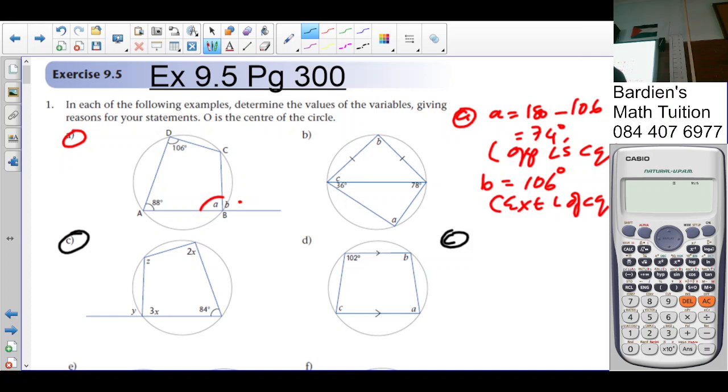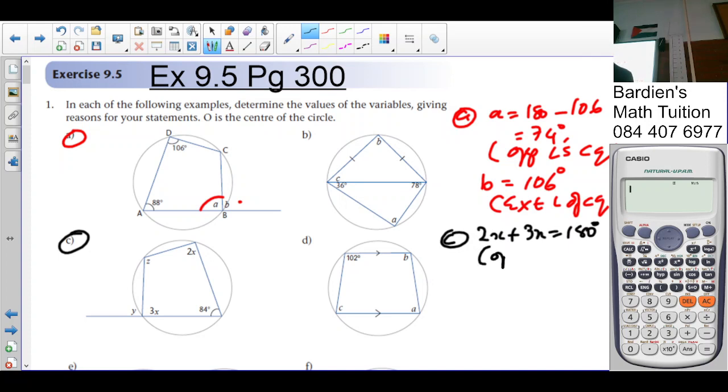How are you going to calculate C? So X, how are you going to calculate X? 2x plus 3x, yes? Equal to 180 degrees. Why? Opposite angles in a cyclic chord. So 2x plus 3x is equal to 180.